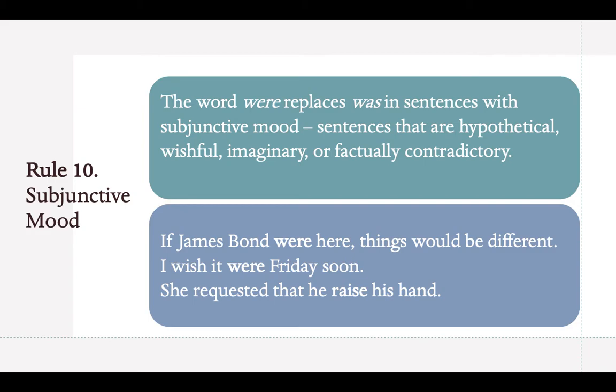That is how, these are called helping verbs, helping words that create a particular mood. Subjunctive mood convey cheyanayittu you need to use the plural form of the verbs. I wish it were Friday soon. She requested that he raise his hand. That he raises his hand alla, he raise his hand.